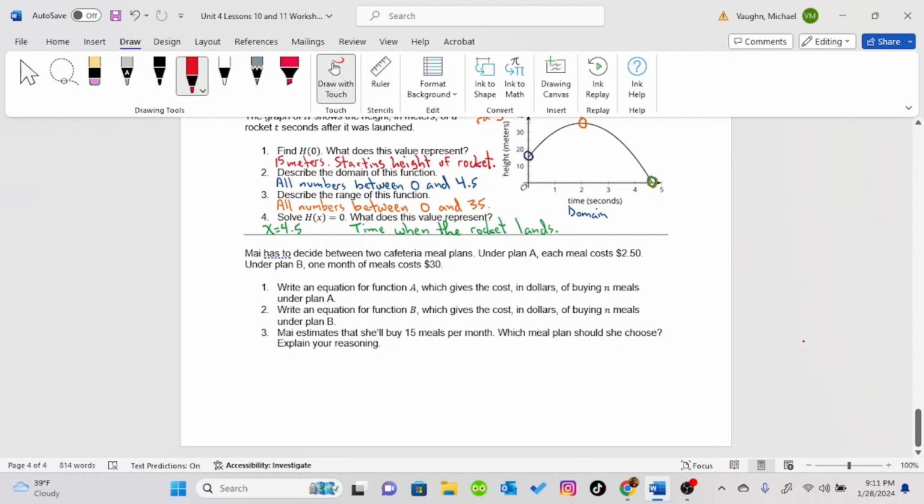Number 1, write an equation for function A which gives the cost in dollars of buying n meals under Plan A. So for number 1, we could call it function A of an unknown number of meals equals $2.50 times the number of meals.